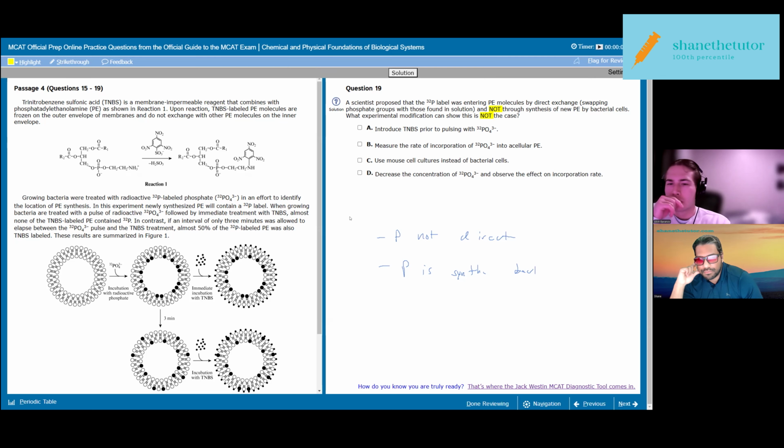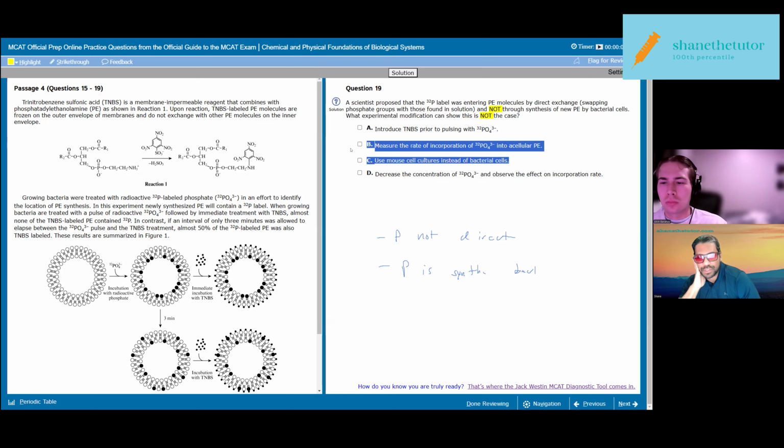And then let's see, decrease the concentration of the phosphate to observe the effect on incorporation rate. I mean, the rate would depend on the enzyme, wouldn't it?